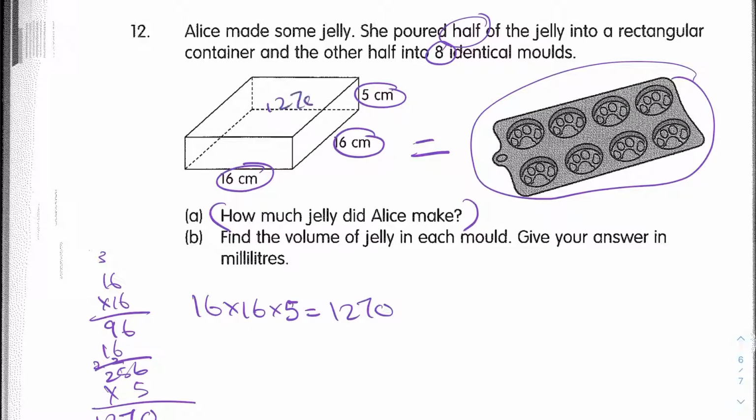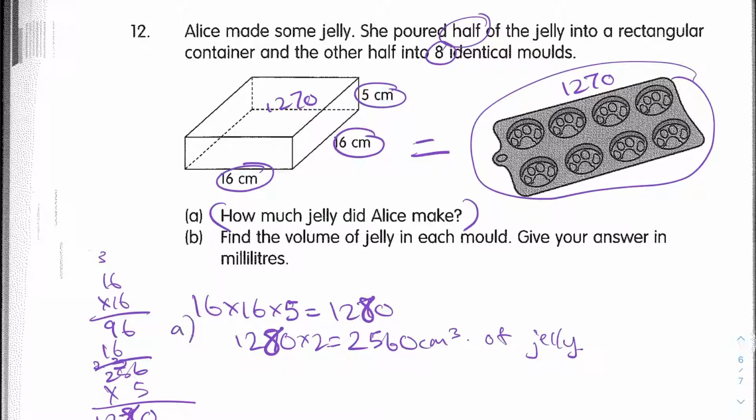That's for 1. This is 1280. So 1280 times 2 will give you, hold up there, this is a 3, so this is actually an 8. So 2,560 cubic centimeters of jelly.